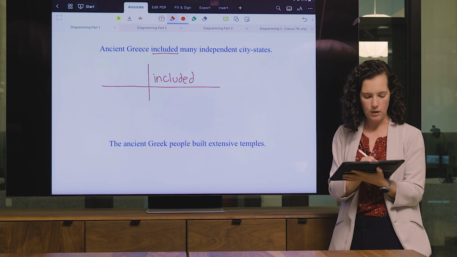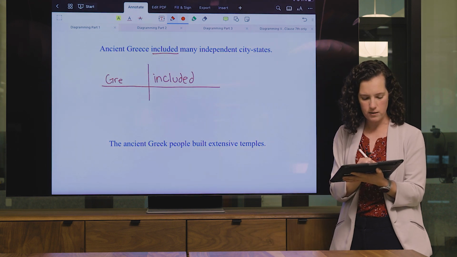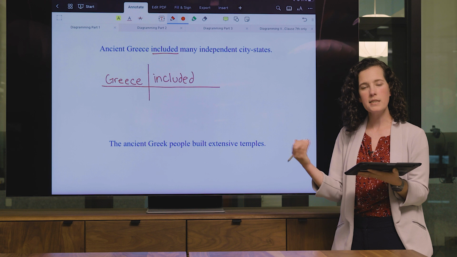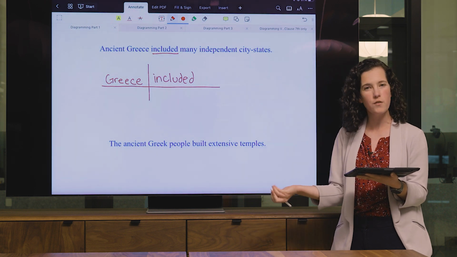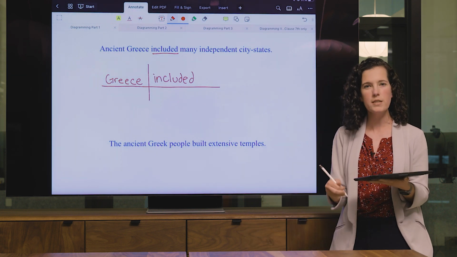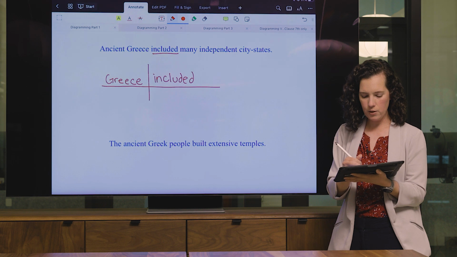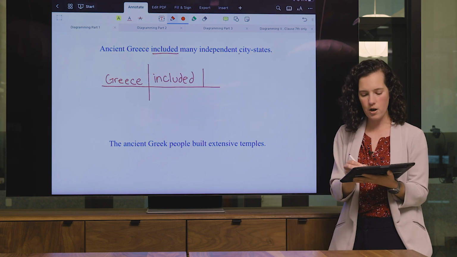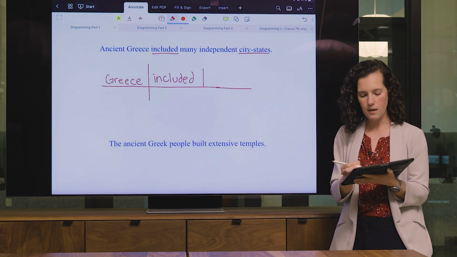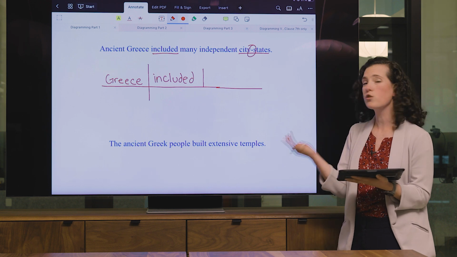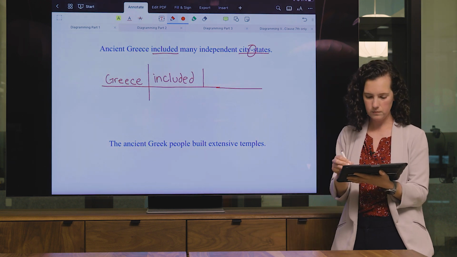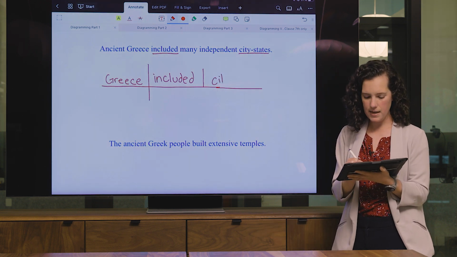Greece is the place, so Greece is our subject. Greece included. Included is an action verb, so we check for a direct object. Greece included what? It included city-states. That is our noun at the end of the sentence. Because it has a hyphen in it, this is all treated as one word. City-states would be our direct object.